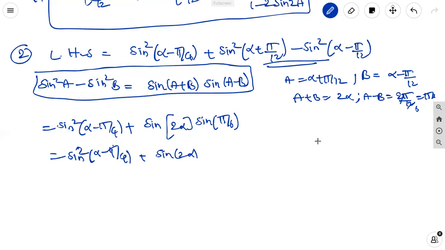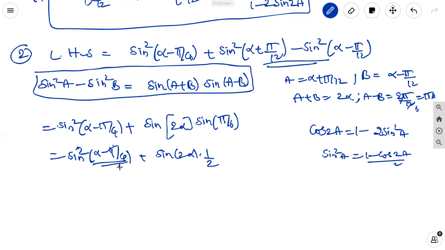Okay. Here sine of pi by 6 is there. Pi by 6 value is 1 by 2. And here we can take it by using the formula cos 2A is equal to 1 minus 2 sine square A. From this we can write sine square A equal to 1 minus cos 2A by 2.